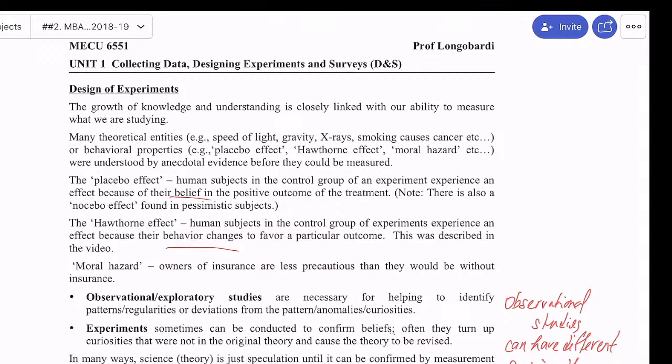They're not as common, but there was one conducted in the 70s by the Rand Institute, where households were assigned different types of health insurance, and their behavior was observed, or their outcomes, health outcomes and behavior were observed over the next few years.